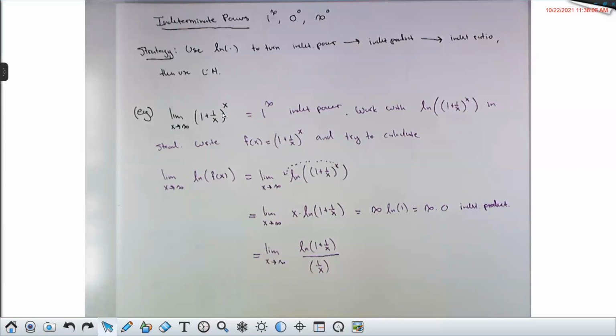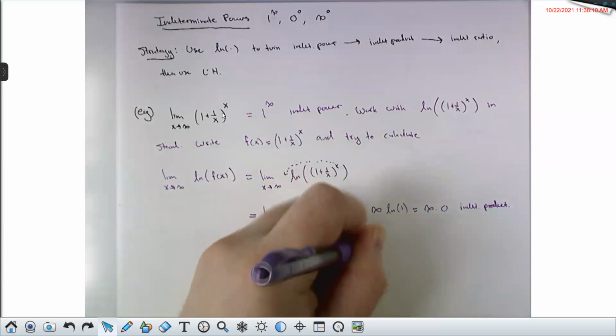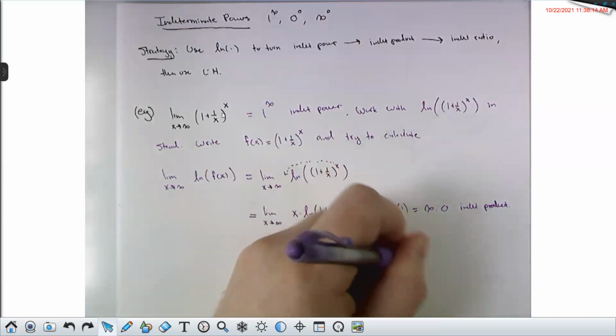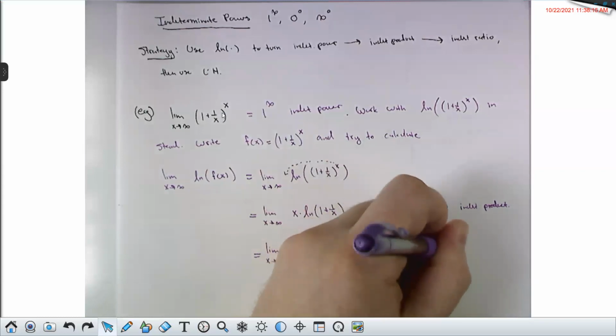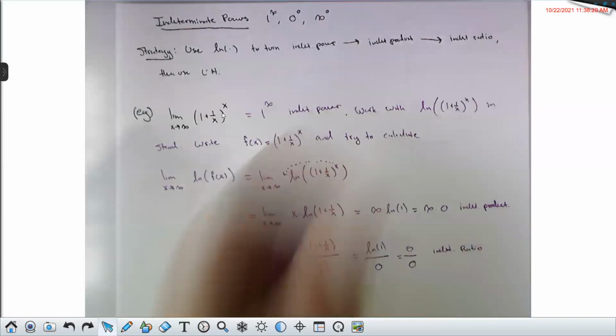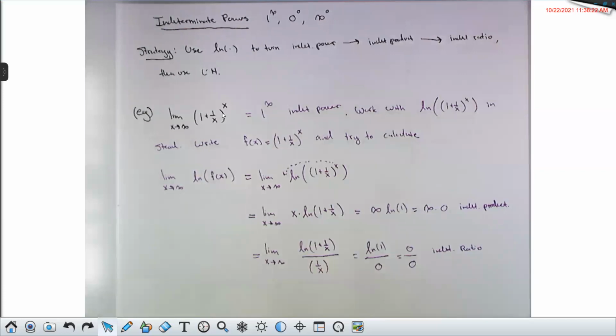And as x goes to infinity, this is now looking like the natural log of 1 over 0, which is 0 over 0, which is an indeterminate ratio. So we have succeeded in getting to an indeterminate ratio.